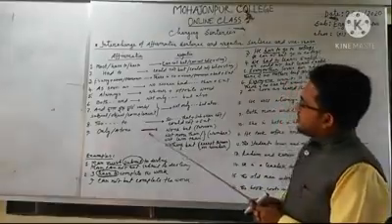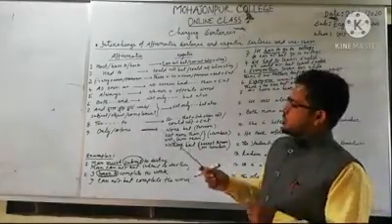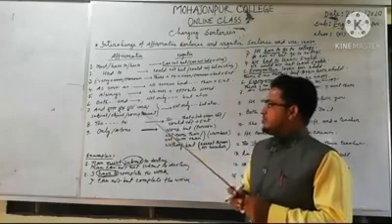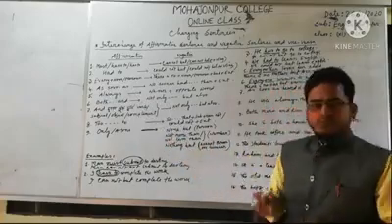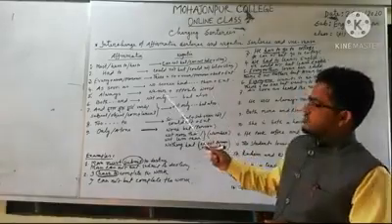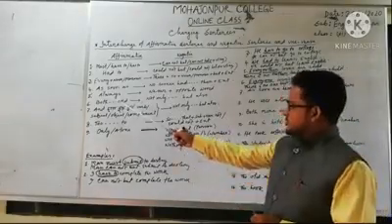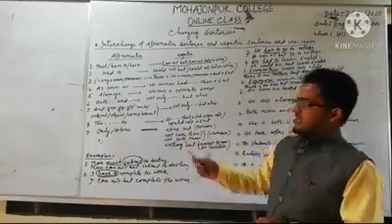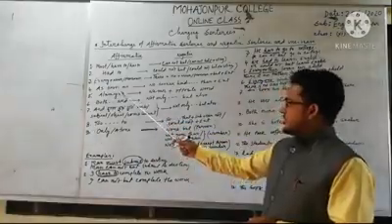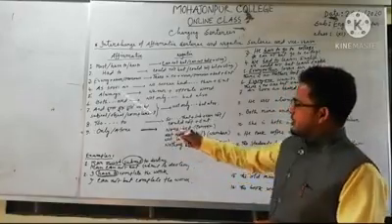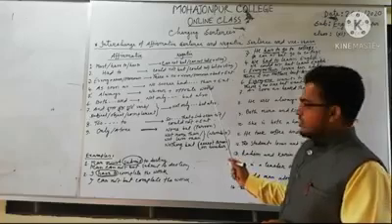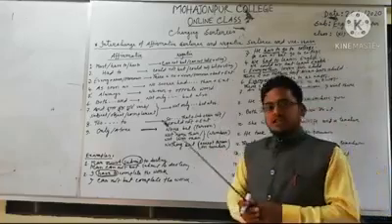That means there will be two sentences with as soon as, and in the middle of these two sentences there will be a comma, so you can use "then" in place of the comma. Okay, so I repeat it: if an affirmative sentence starts with as soon as, you can use "no sooner had" in place of as soon as, and then you can use "then" in place of the comma, and then the rest of the words you can write.